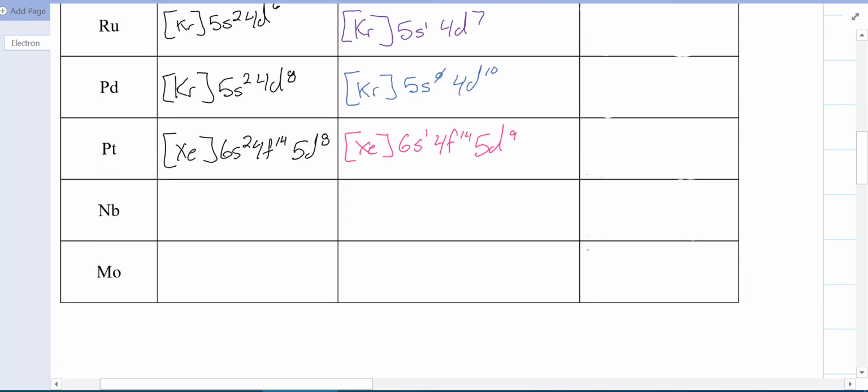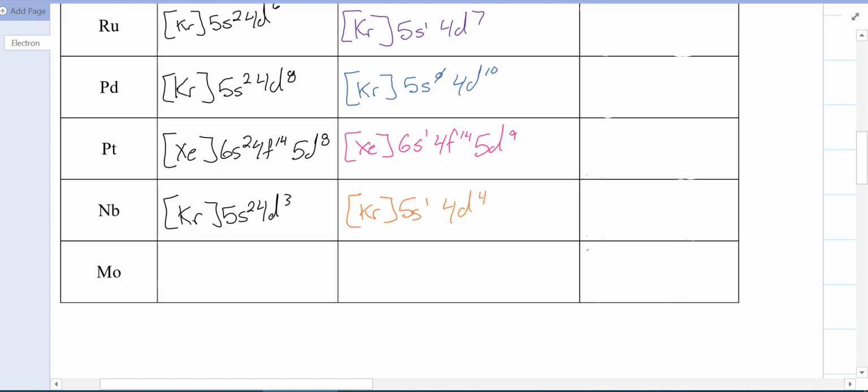All right, niobium, excuse me. We expect it to be krypton 5s2 4d3. So you would expect d5, but actually krypton 5s1 4d4, right?